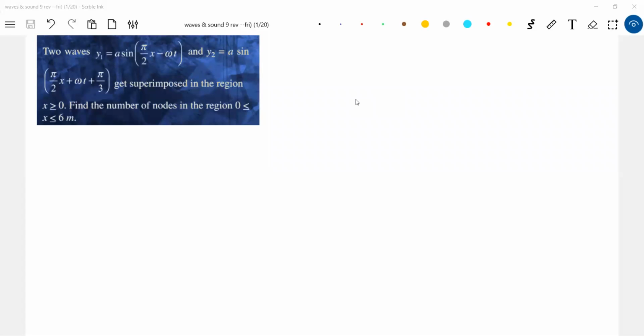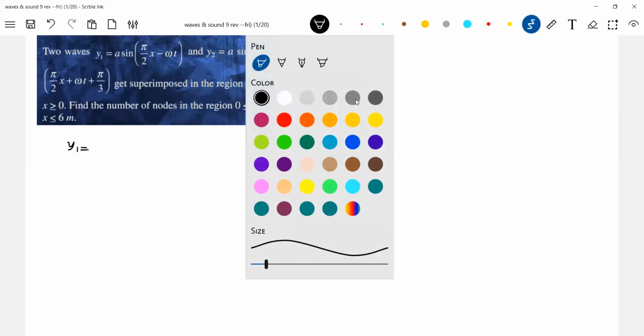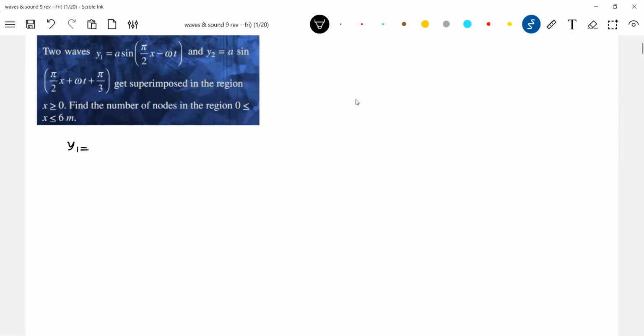First, start with the mathematics. So y1 is equal to... y is equal to y1 plus y2.